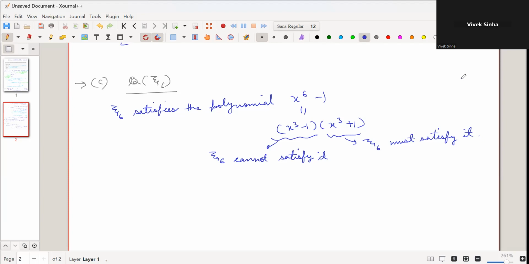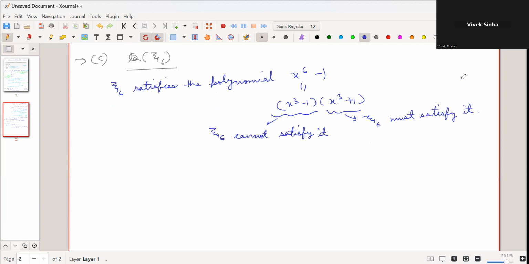Which prime will divide 1? So we have to do some trick to actually show that this is irreducible. But at least we know that ξ6 must satisfy it. So this implies that the degree of ξ6 over Q is less than or equal to 3, right? Because it satisfies a polynomial of degree 3.